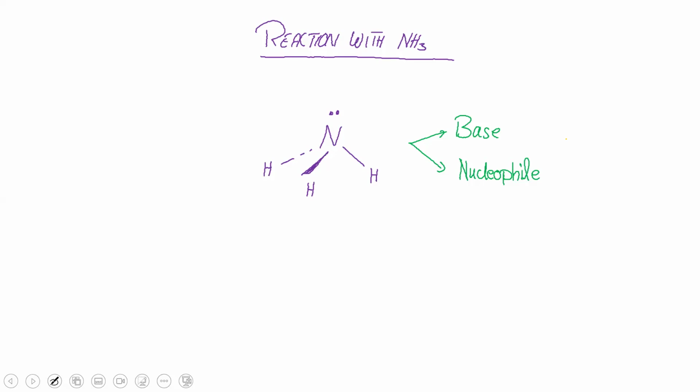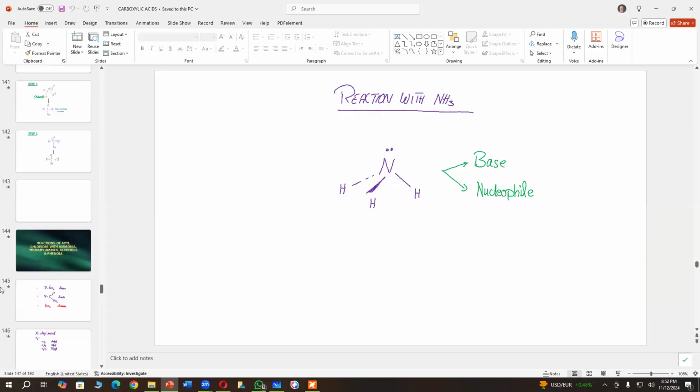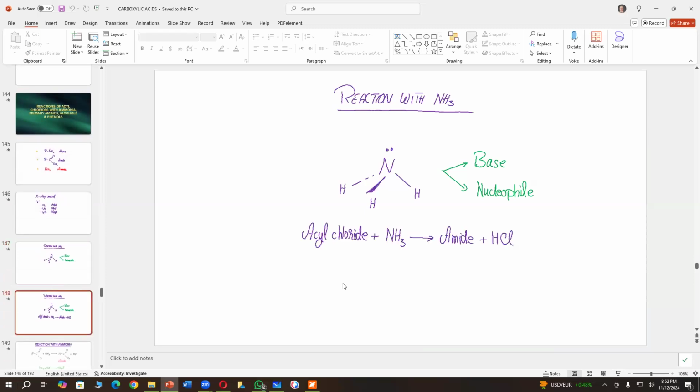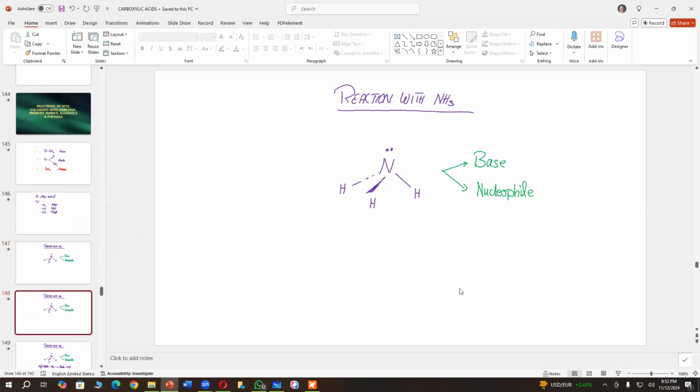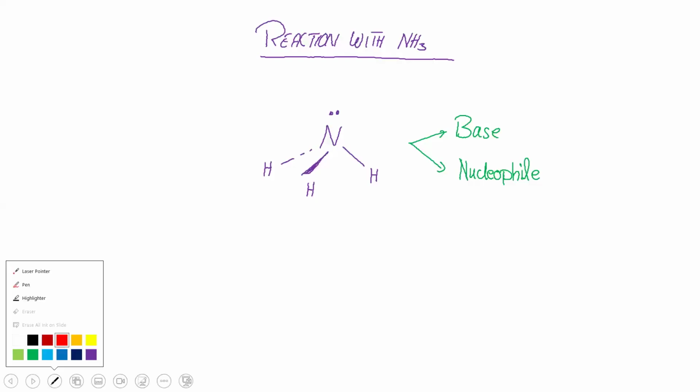You have studied in bonding that a lone pair is responsible for many features, like shape and bending of molecular bonds. So remember this concept that in ammonia, nitrogen has a lone pair.